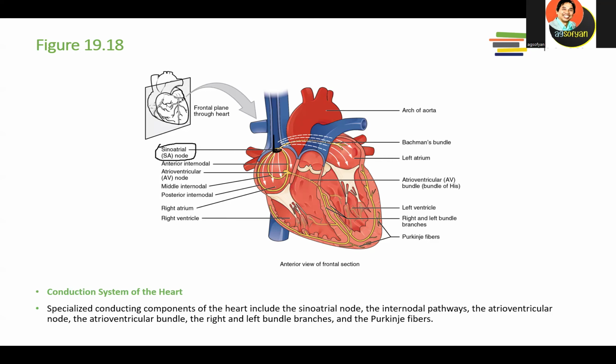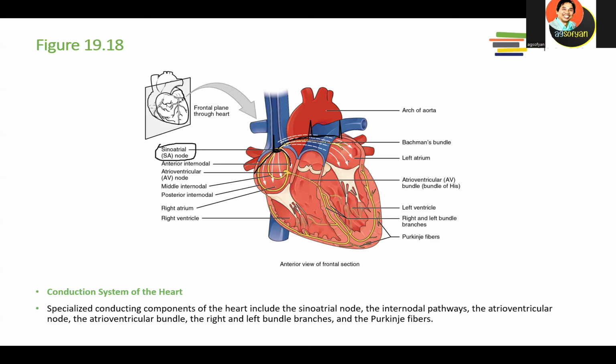From here, the conduction, the electricity, will spread to the whole atria muscle, right and left. Okay, so it will go to this anterior internodal. It will spread into the whole muscle of the atrium, right and left, and it will cause the contraction of the atrium.